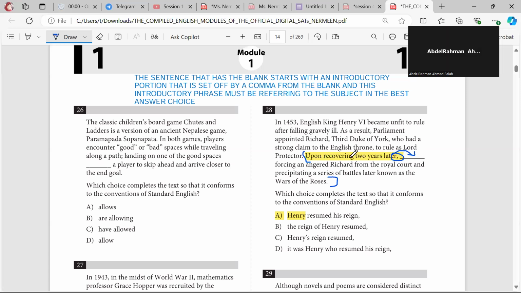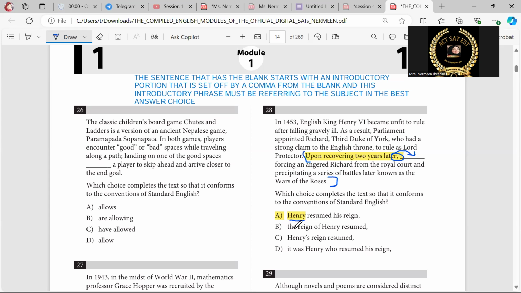Can this be related to Henry? Yes, exactly. So letter A can be the correct answer, since the phrase is related to Henry. Henry could have recovered 2 years later.